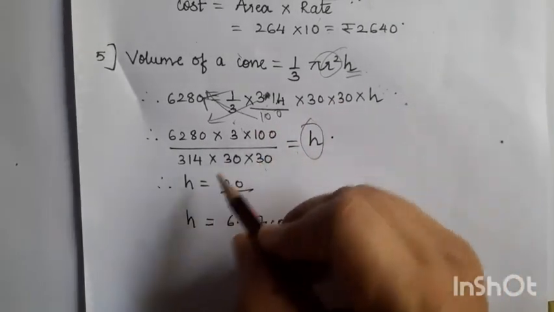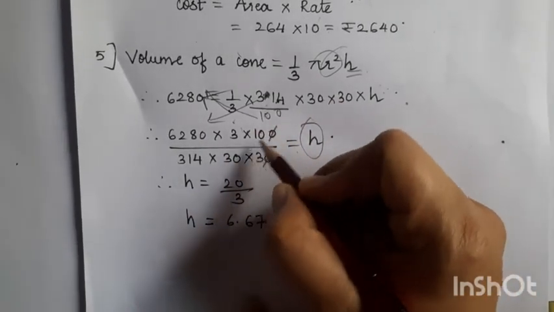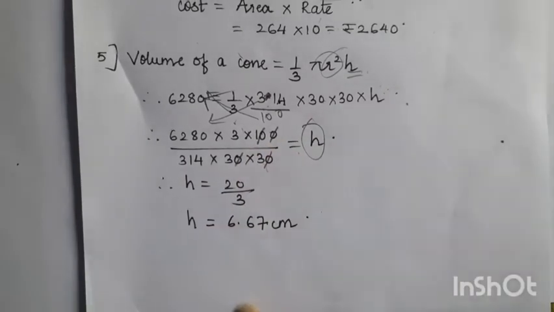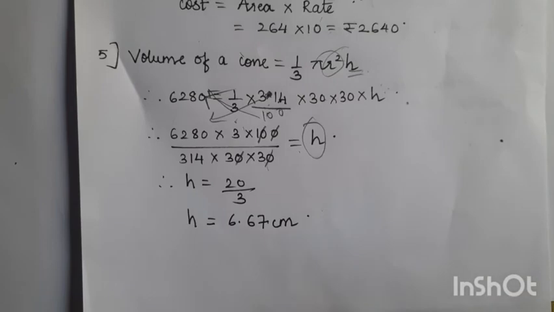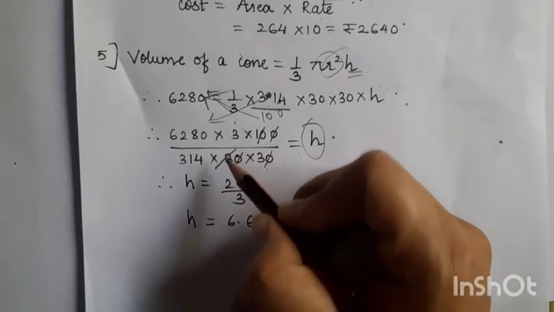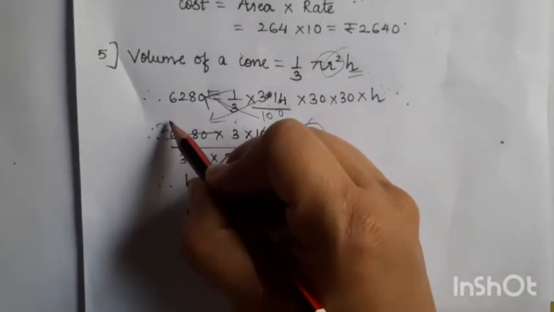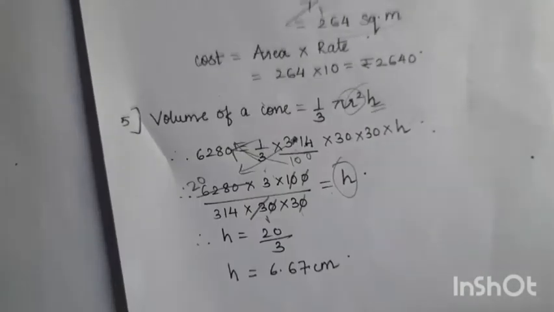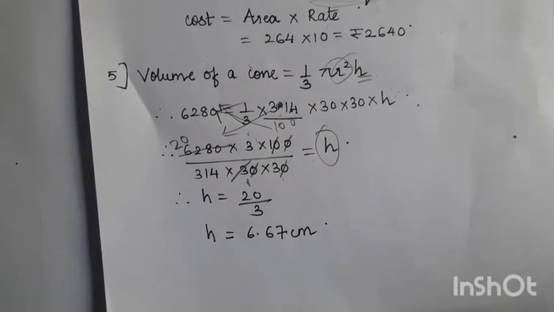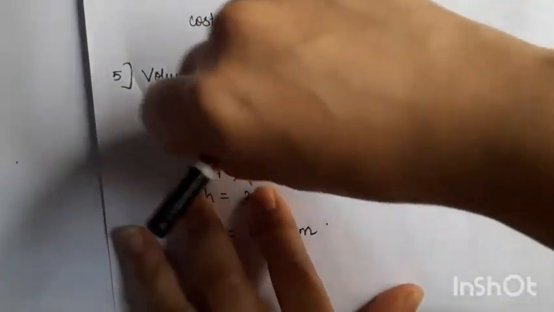So now let's see what can be cancelled. 0, 0, 0, 0, right? Then can anything else be cancelled? Let's see. 3 ones are 3, 3 twos are 6, 3 zeros are 0. No, that cannot be cancelled.